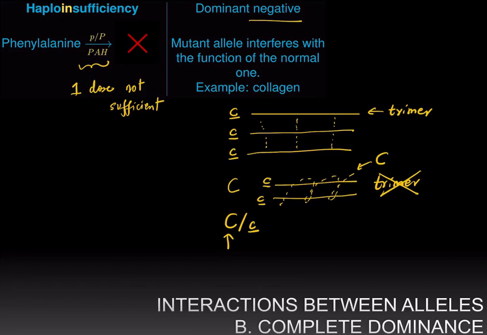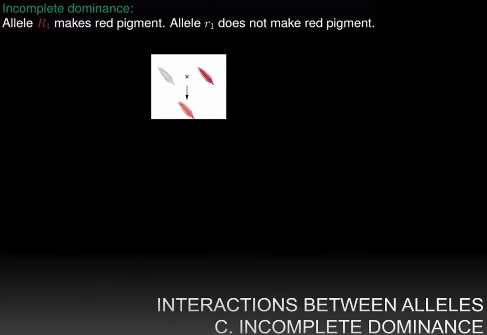The next type of interaction between alleles we have seen previously in our discussion of polygenic traits, and that is incomplete dominance. In incomplete dominance, the heterozygous genotype has a phenotype that is intermediate to the phenotypes of the two alleles.